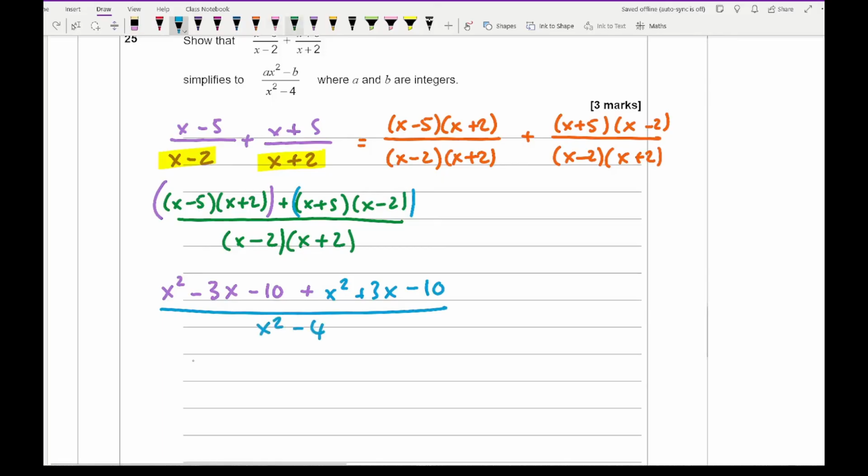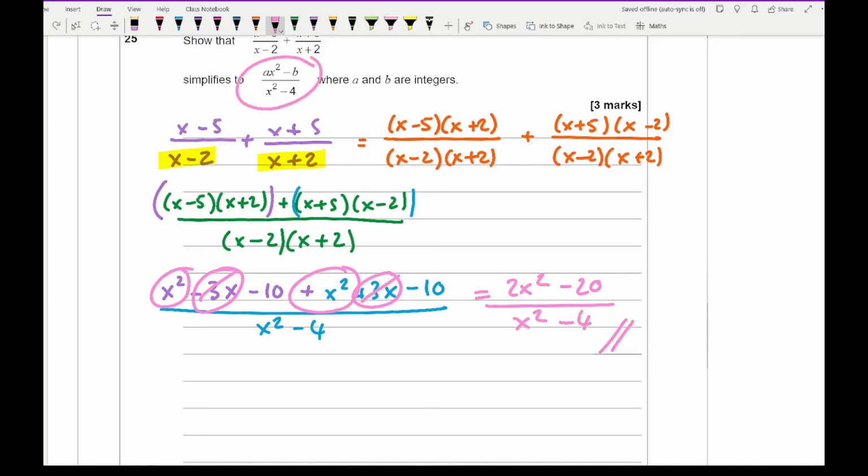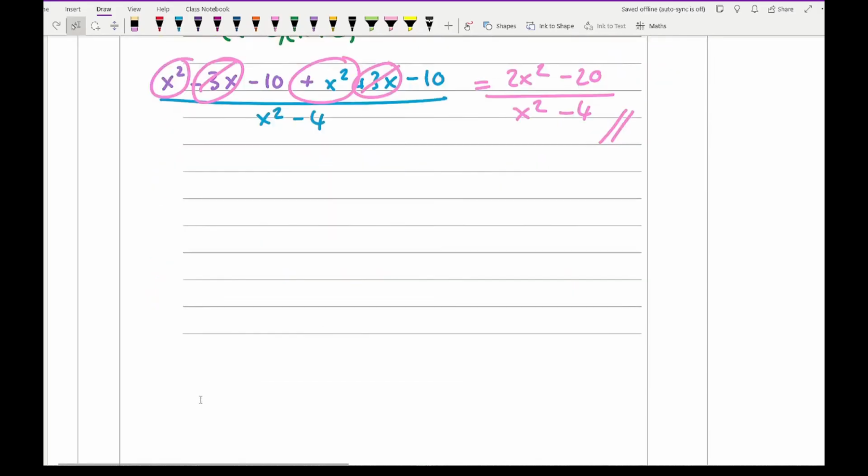Then all that's left for me to do is to collect the like terms together. So I've got 2x squared, I've got minus 3 plus 3, so that just cancels out, and I've got minus 20 over x squared minus 4, which is exactly how they wanted me to show the answer.